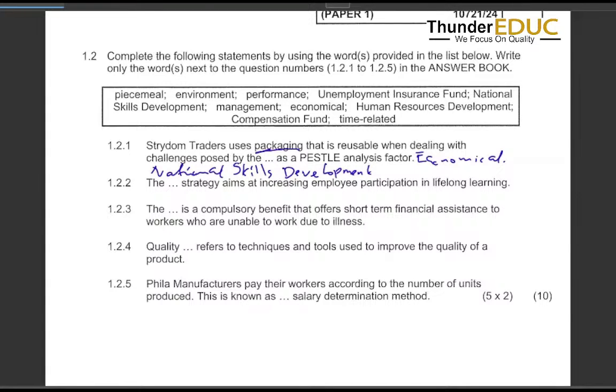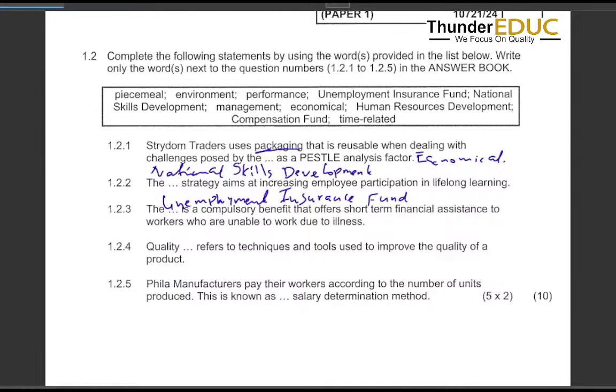Okay, right. So now let's move on to 1.2.3. The dash is a compulsory benefit that offers short-term financial assistance to workers who are unable to work due to illness. So this is nothing but the Unemployment Insurance Fund. Okay, right.